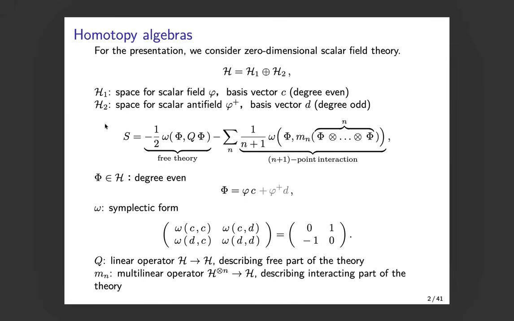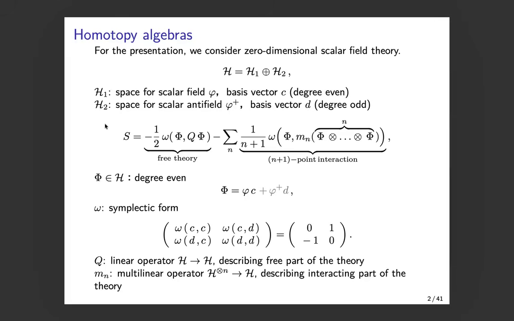We also have the symplectic form omega, and we define it this way: omega(C, C) is equal to 0, omega(C, D) is equal to 1, omega(D, C) is equal to -1, and omega(D, D) is equal to 0.